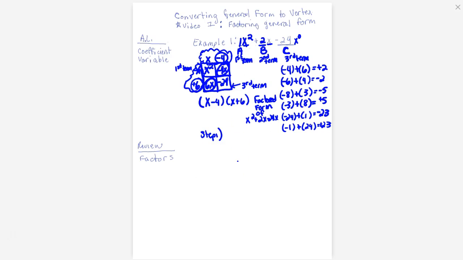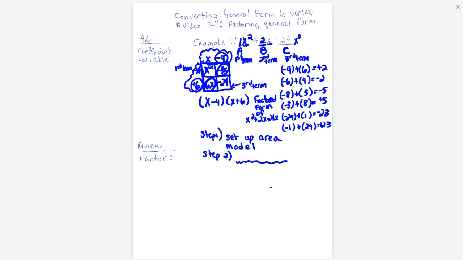Step 1 is we set up our area model. Step 2, and I'm just going to read the rest of the steps, and I want you to write them down. You may have to listen to them a couple of times.